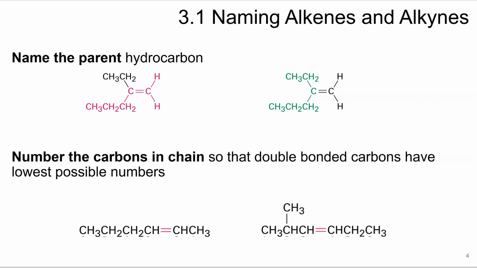When we name alkenes and alkynes, we want to name the parent as we did with alkanes, except now we use the -ene ending. We want to find the longest carbon chain, which is 5 carbons long. This is a pentene. And the longest carbon chain must contain the double bond.